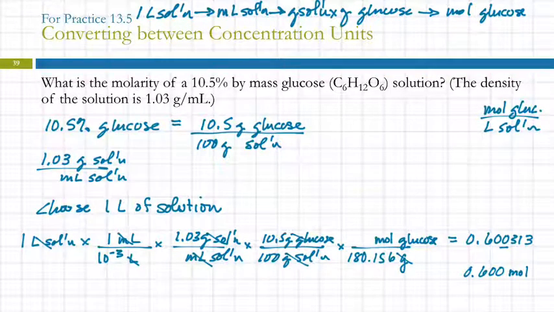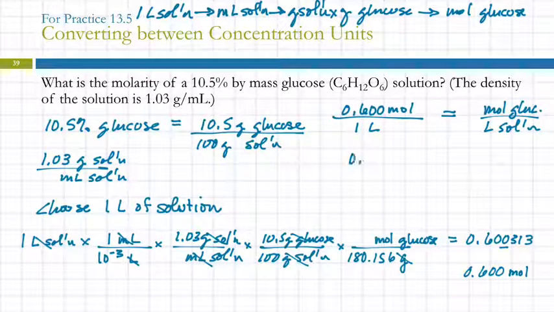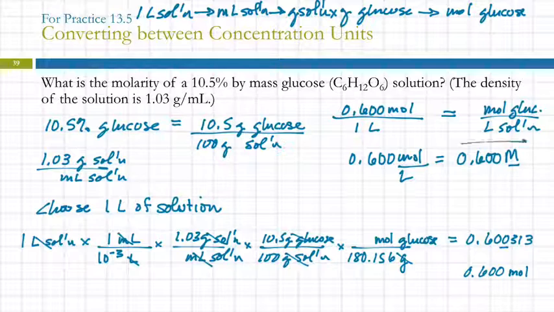Moles of glucose. My molarity is moles of glucose per liter of solution. So I just calculated moles of glucose. And I'm going to divide by the volume I chose to use, which is 1 liter. And so I end up with 0.600 moles per liter. 0.600 capital M.